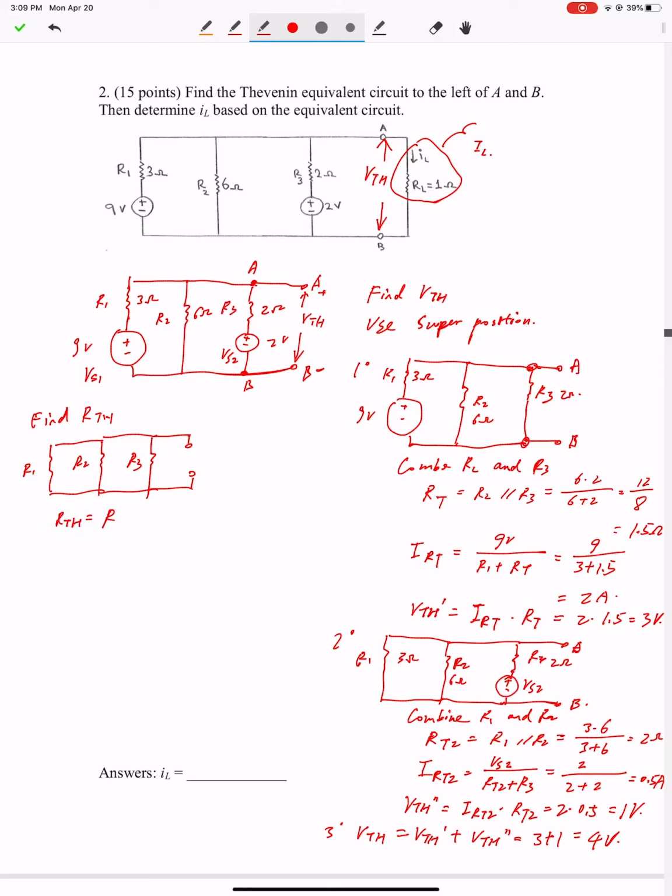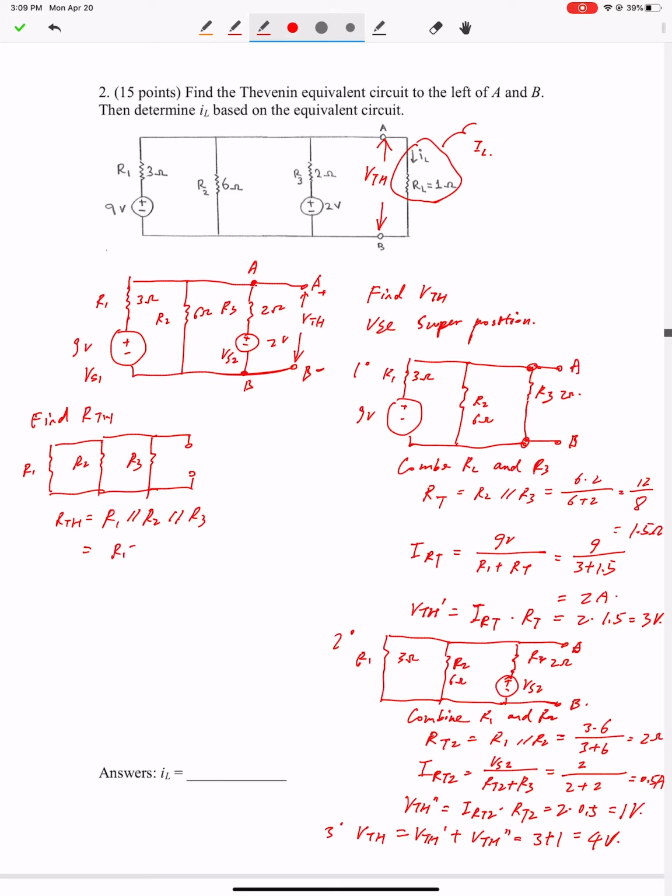So R Thevenin, which is the overall resistance of the circuit, is the 3 resistors connected in parallel. So we can calculate R Thevenin, right? To do that, you can use the general equation to find the overall resistance of 3 parallel resistors.